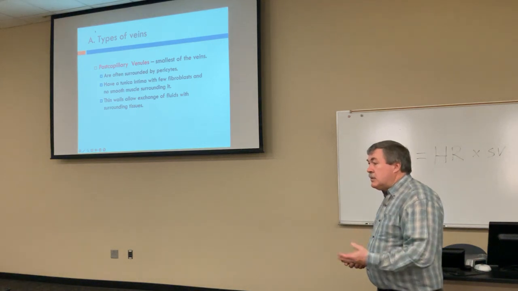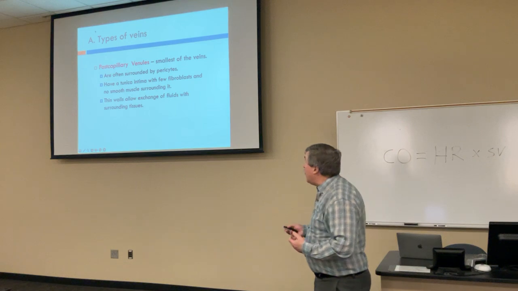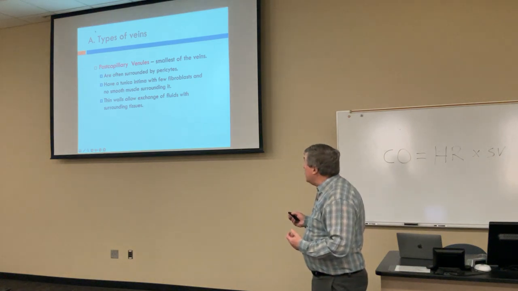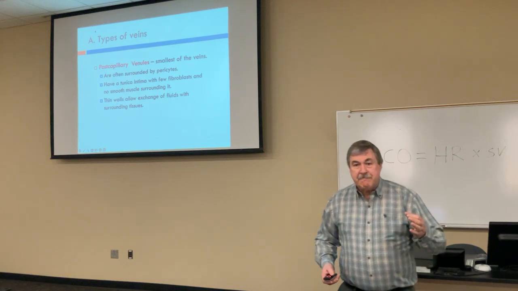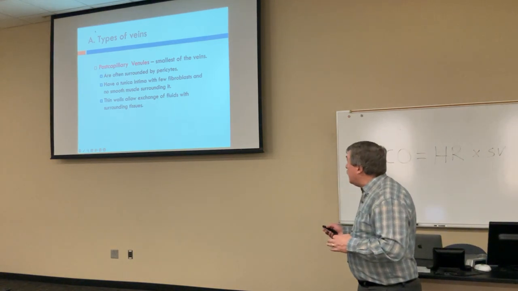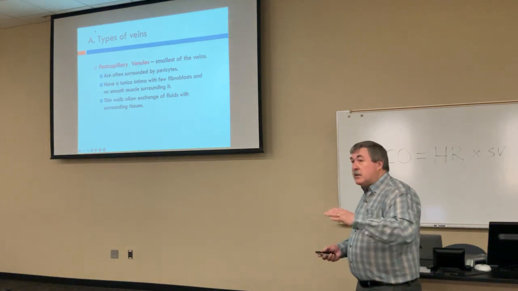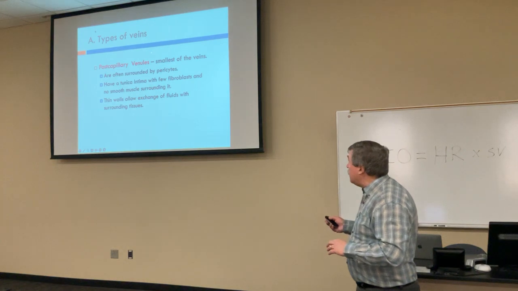Now, the very smallest of the veins that receive blood from the capillaries are called postcapillary venules. And those are surrounded by pericytes, which are little cells sort of like smooth muscle fibers. And those pericytes can then control the flow of blood through the venules.